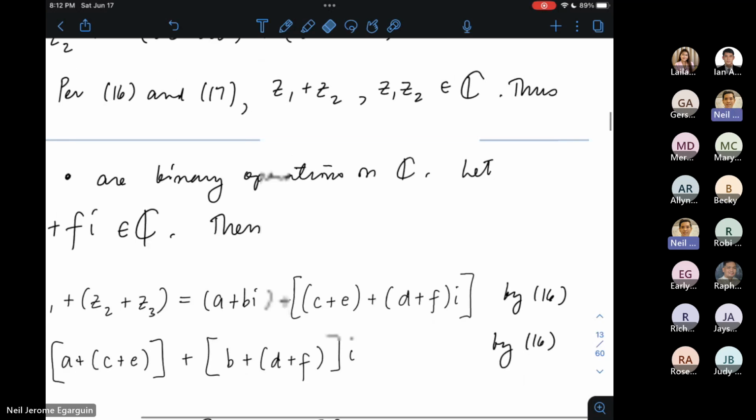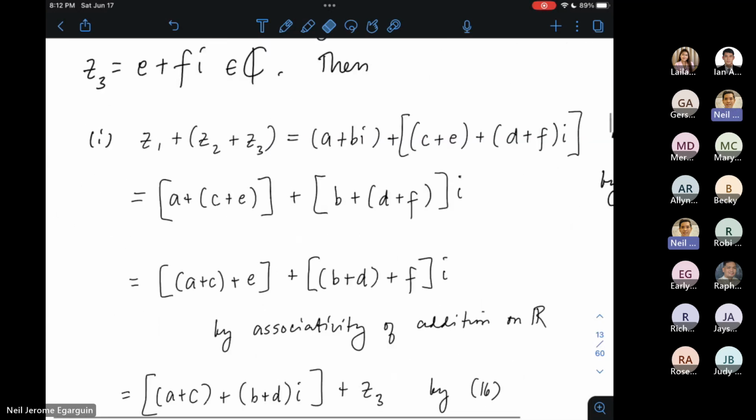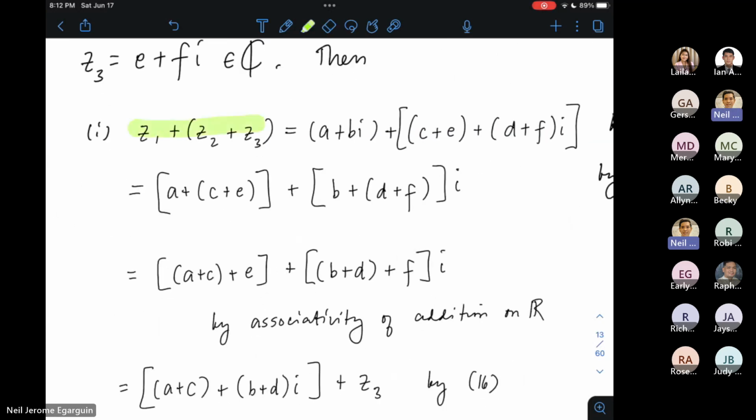Right? And that's what I did here. I started with one side nung definition 1.1 o property 1.1. So kunin ko muna yung Z1 plus Z2 plus Z3. Alam ko si Z1 ang itsura niya ay A plus BI by the definition kanina.